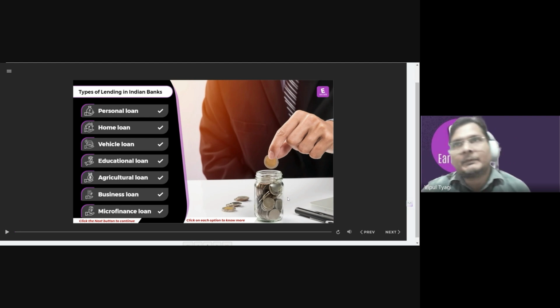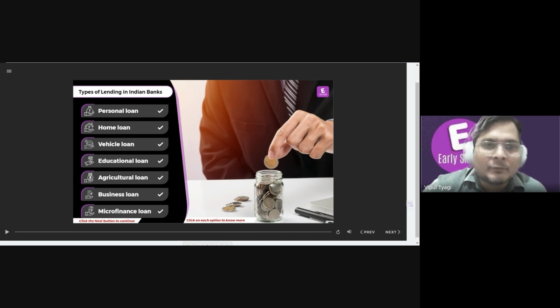Agricultural loan. People are doing organic farming and all such kind of things. You can explore different avenues through which you can distribute and share your knowledge with people. You can work as a freelancer also, and you can educate people also. There are several avenues because the agriculture field is nowadays very important.